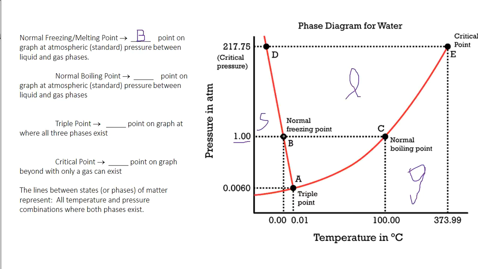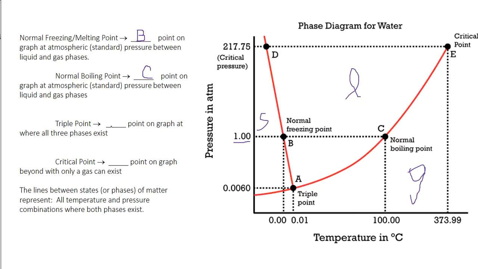That would be the normal freezing or melting point. The normal boiling point on this graph is indicated by the letter C, right here. And that is where liquid is turning to gas at standard atmospheric pressure.